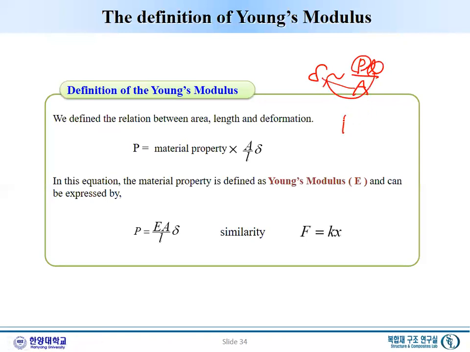So P is proportional to what? A delta over L, right? Okay, so this is one.